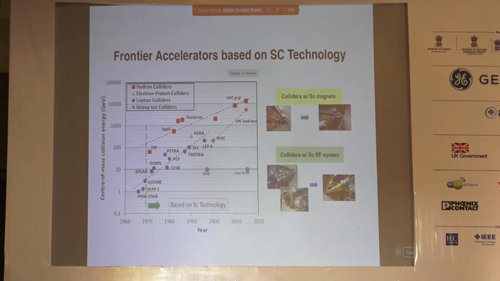This is a history of the particle accelerator since 1970. Most large particle accelerator systems have become superconductivity applications.